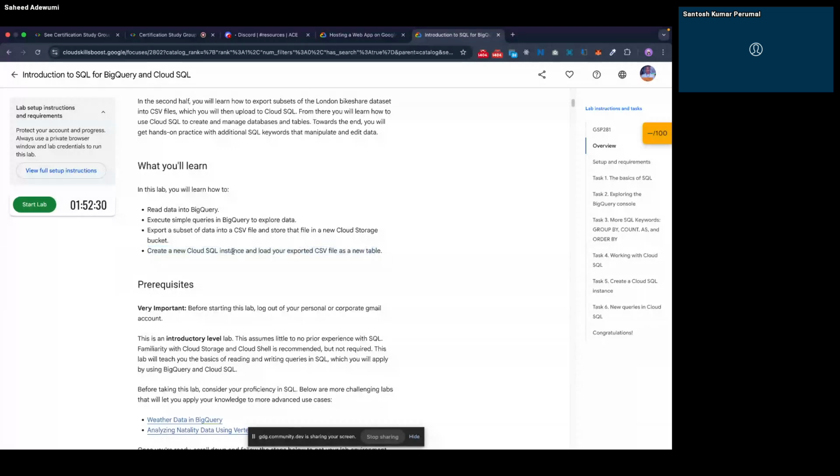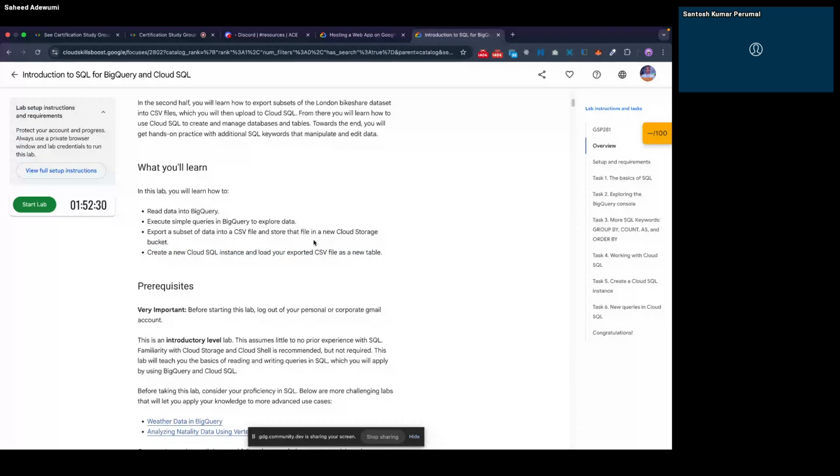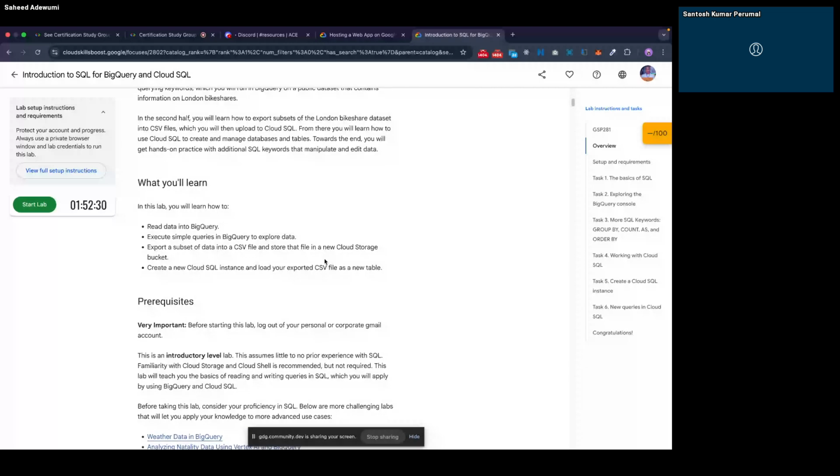So we are creating a new SQL instance and loading the file we exported into our DB. So this is more like a migration of data. This use case is really perfect for setting up existing projects, existing files, and migrating to the cloud manually.